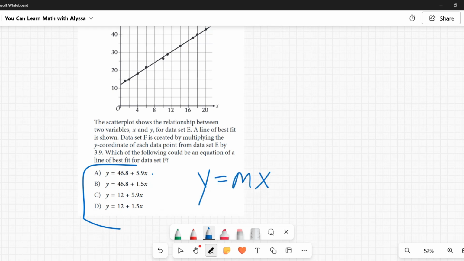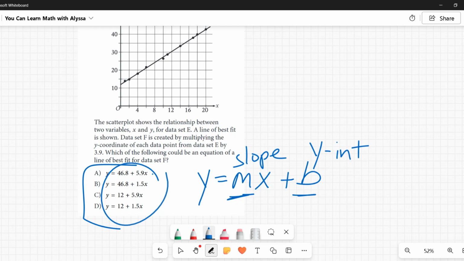It's because they are following the format y = mx + b, where I have a number multiplied by x, and I have a number standing alone. The number multiplied by x is my slope, and the number standing alone is my y-intercept. Even though they reverse that and put the b first, it's still the number standing alone. So those are my two y-intercept possibilities, 46.8 and 12, and here are my two slope possibilities, 5.9 and 1.5.